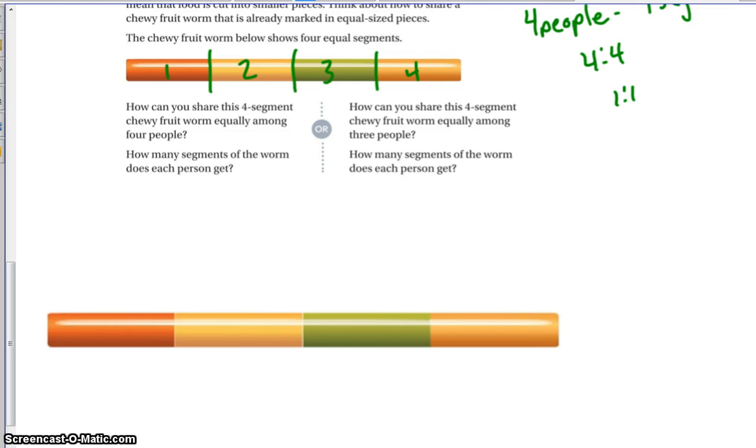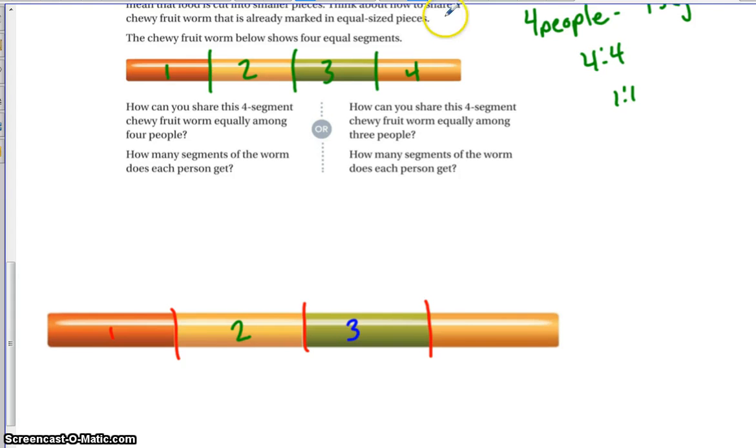So the first thing I'm going to do is I would cut this segment on each one of the segments, okay? And then person 1 would get this, person 2 would get this one, person 3 would get this one, and then I've got this leftover segment.